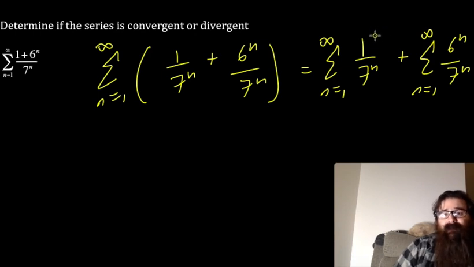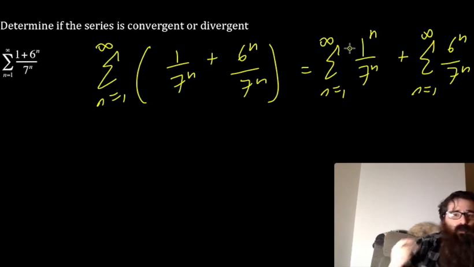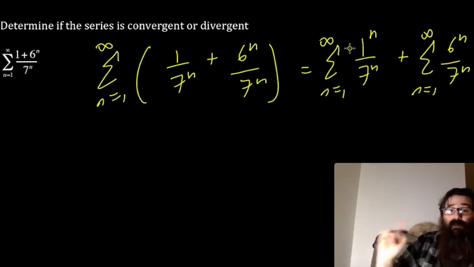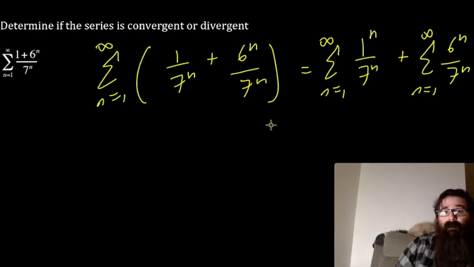Since my numerator is 1, I could write it as 1 to the power of n for free. It isn't really advantageous to do that necessarily, except for when I'm trying to do what I'm doing right now. Because if it's 1 to the first power, 1 squared, 1 cubed, 1 to the fourth, fifth, sixth, seventh, they're all 1. But in this case, I use that as an advantage and say I can write it this way, and it's not incorrect.